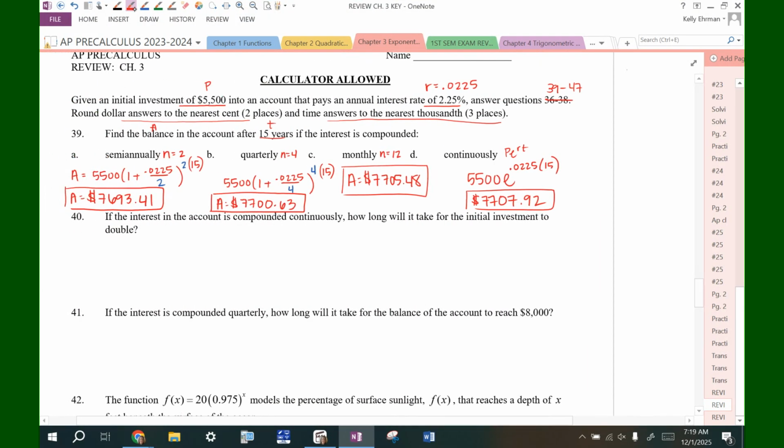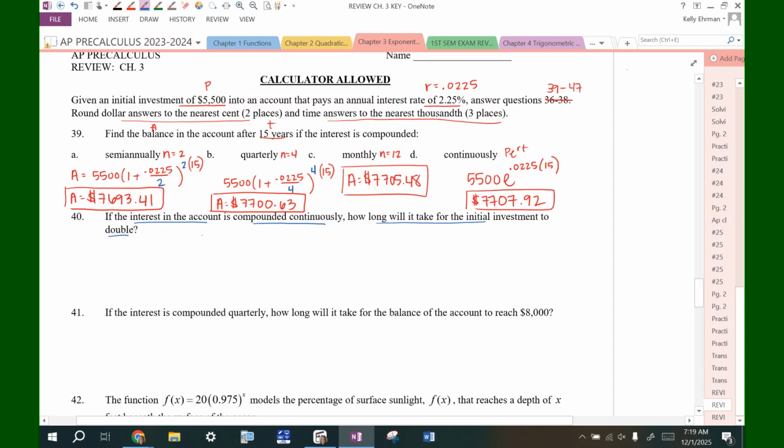All right, number 40. If the interest in the account is compounded continuously, how long will it take for the initial investment to double? Now, I was given an initial investment, but remember, for these, it doesn't really matter that you're starting with 5,500 if you're just going to double it every time.